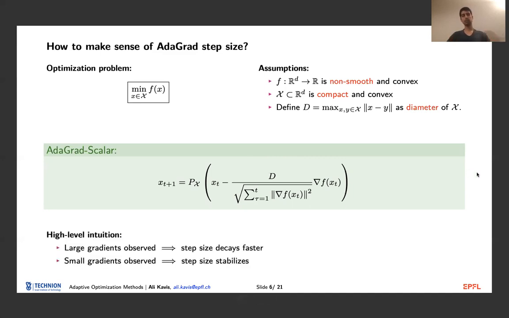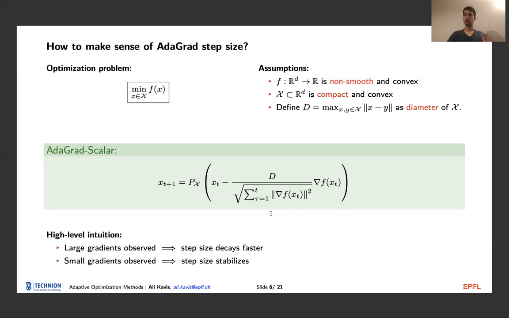If we observe gradients with large magnitude, then our step size will decrease faster. The intuition is, if our step size is too large with very large gradients, then our iterates may diverge, or oscillate in some manner around the minimum but not converge, because our step sizes are too large.